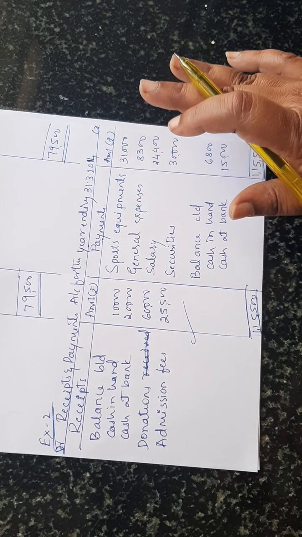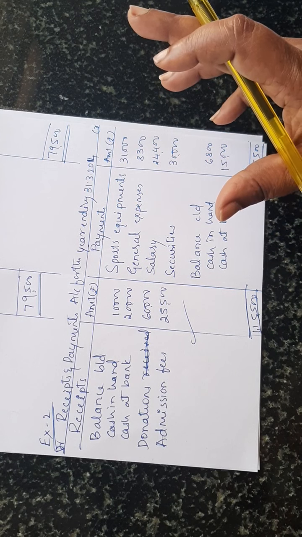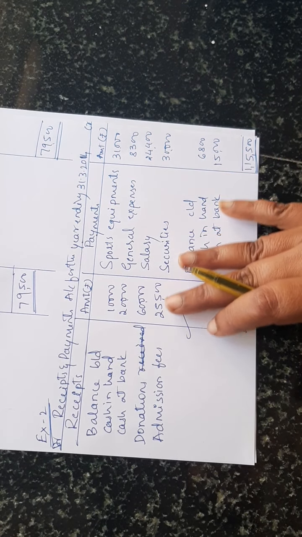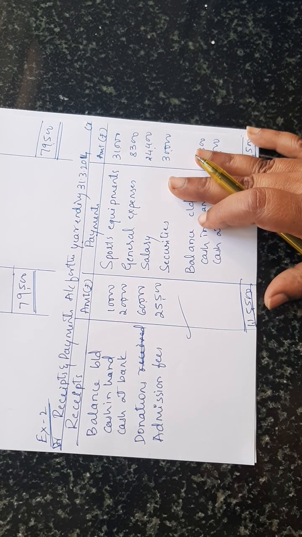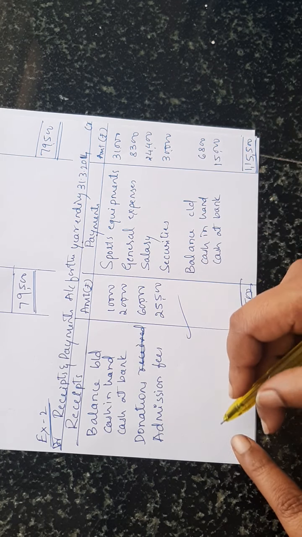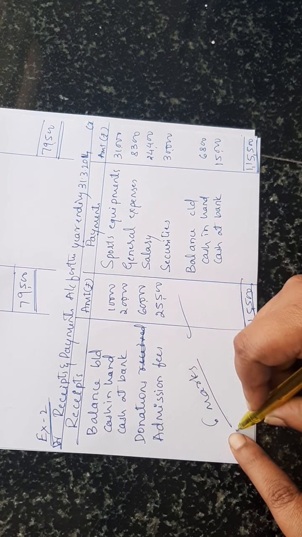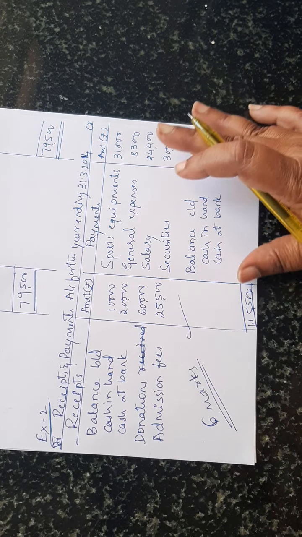It is prepared at the end of the year. The sum total of the total receipts and payments are represented here under receipt and payment account. Have you followed this? And 6 marks, very easily you can score just by preparing the receipt and payment account.